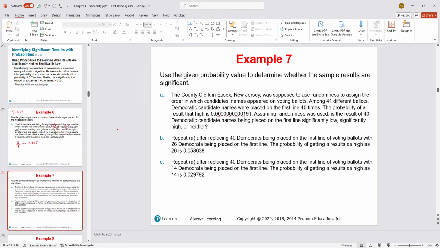Assuming randomness was used, is the result of 40 Democratic candidate names being placed on the first line significantly low, significantly high, or neither?